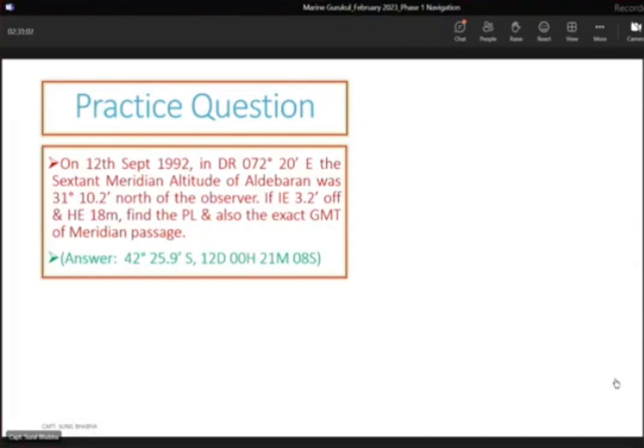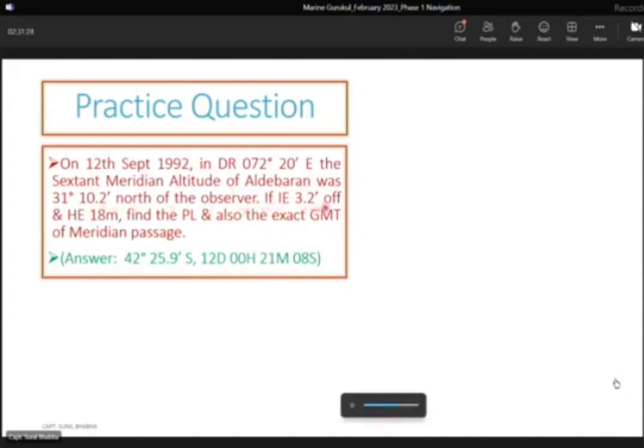For example, in this question, on 12th September 1992, in DR 072 degrees 20 minutes east, the sextant meridian altitude of Aldebaran was 31 degrees 10.2 minutes north of the observer.